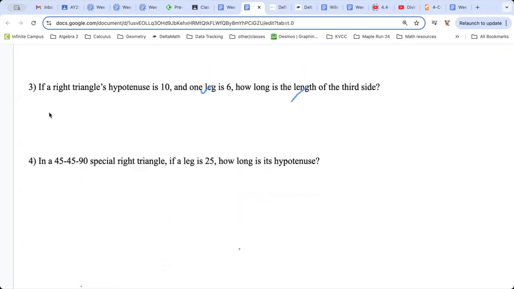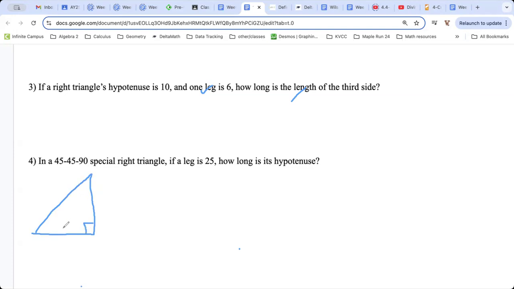Okay. All right, so now let's take a look at the last problem. Problem number 4. In a 45, 45, 90 special right triangle, if a leg is 25, how long is its hypotenuse? Again, do a sketch, okay? So, 45, 45, 90 is a special right triangle.